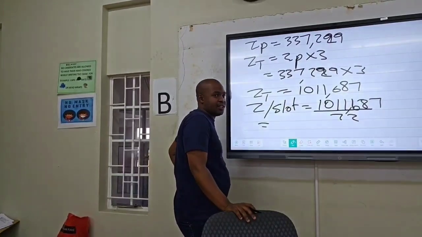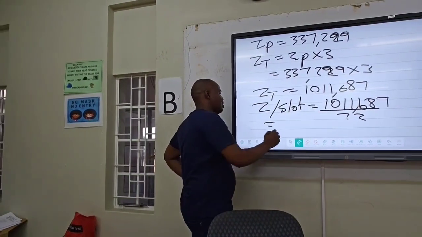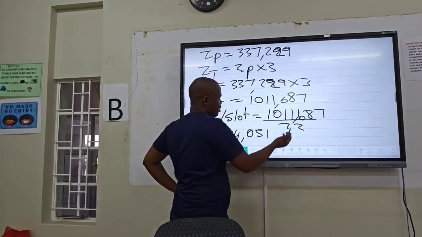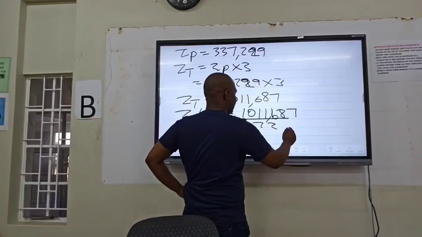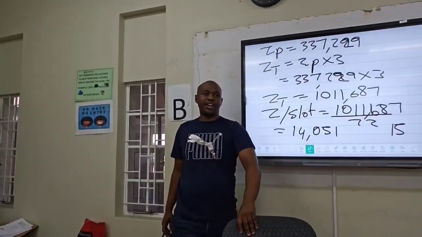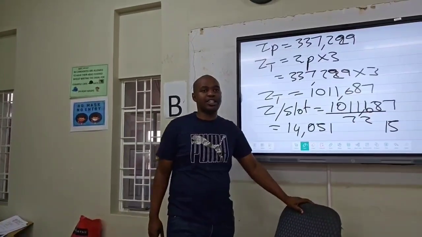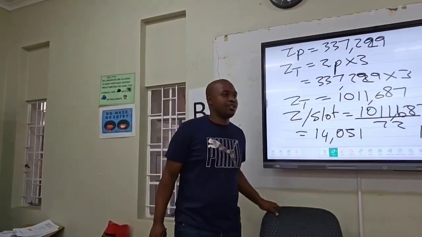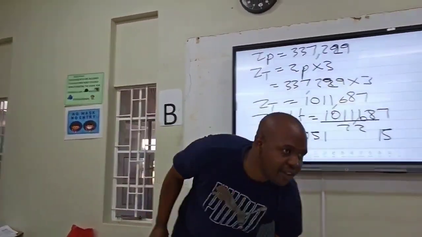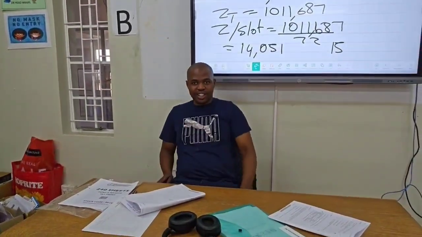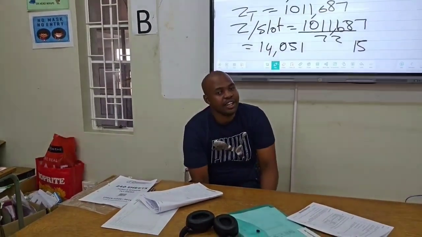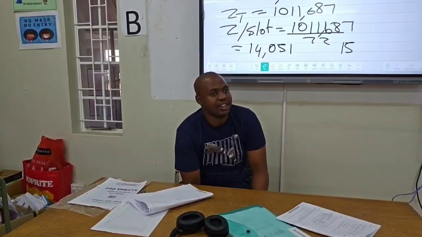My answer is 14,051. So you round off to the nearest highest whole number. Here we have 15 conductors per slot. If you get a comma, you round off to the nearest highest whole number, and if you are getting 14.0 something, then we round off to 15.